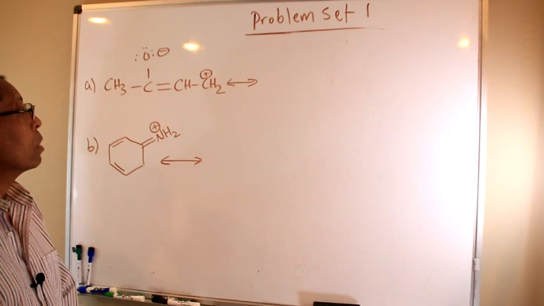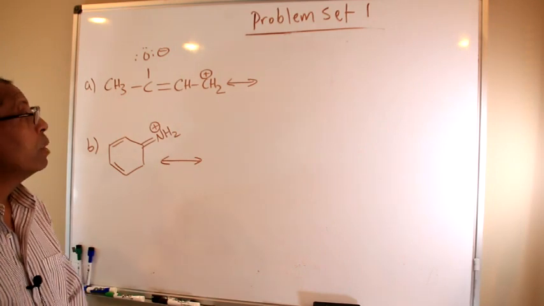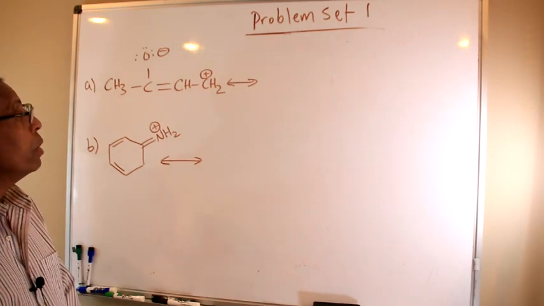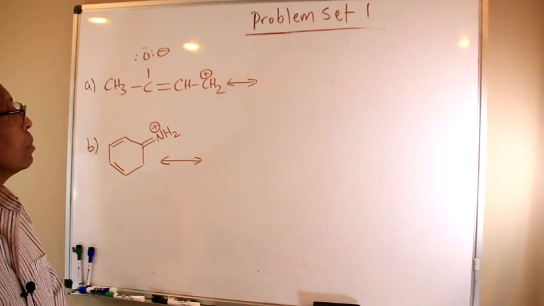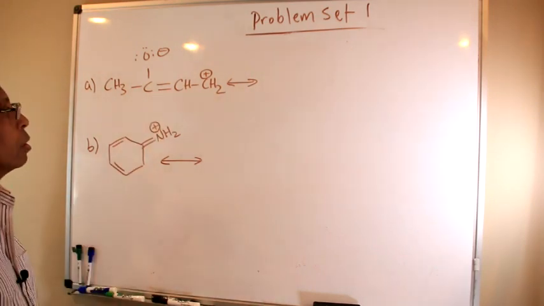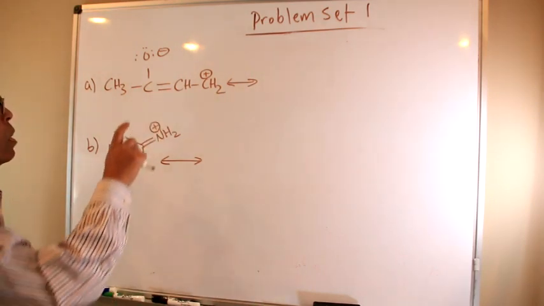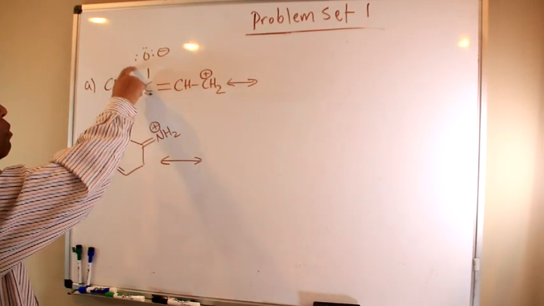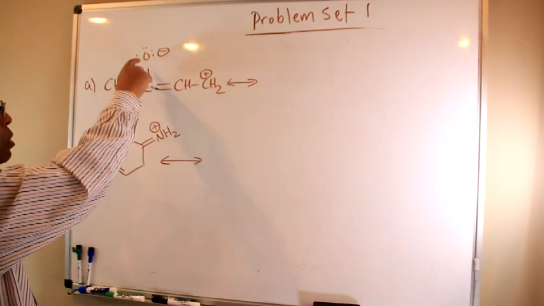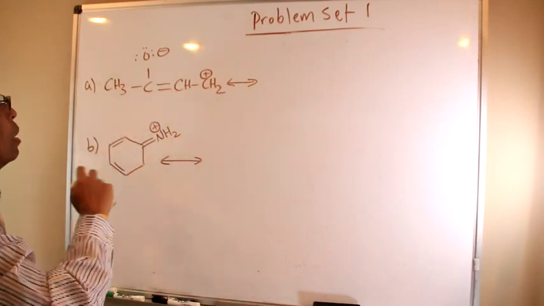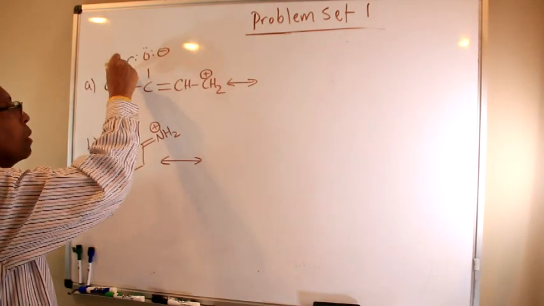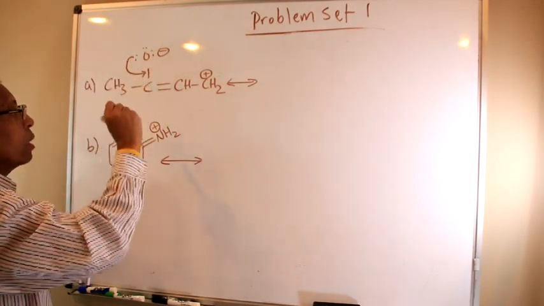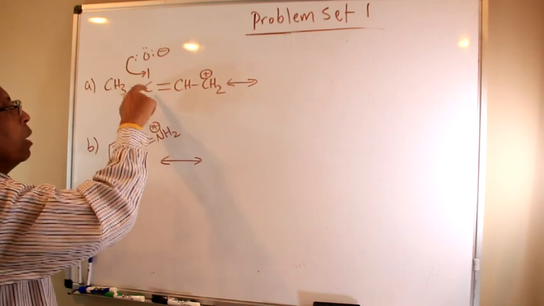As you know, the resonance structure starts by electron movement. So if we were to move electrons in this structure, the first thing, for example, if I move a pair of electrons from oxygen to this carbon, just look at this and see the electron movement and the steps I'm taking.